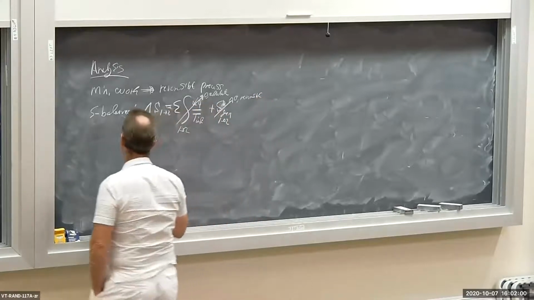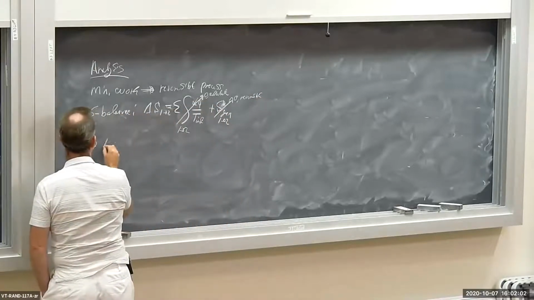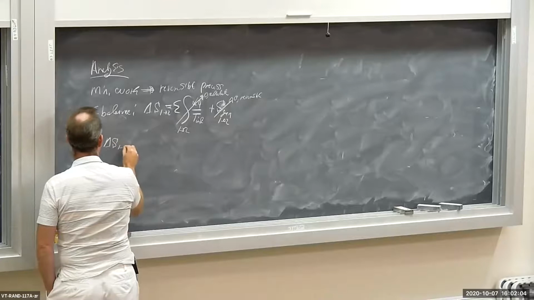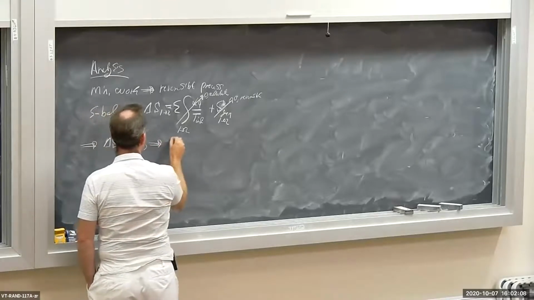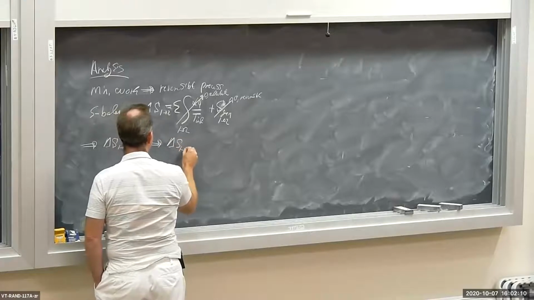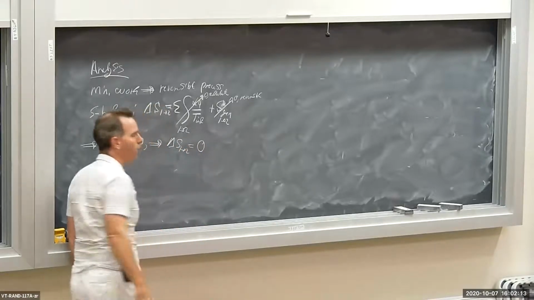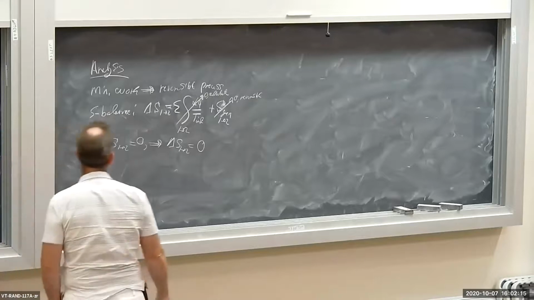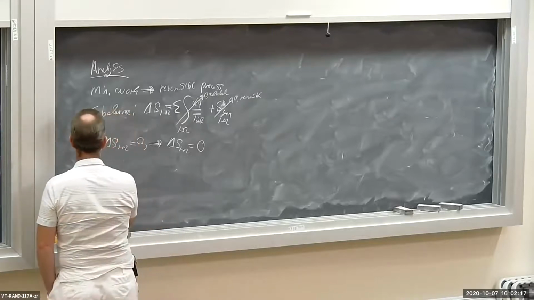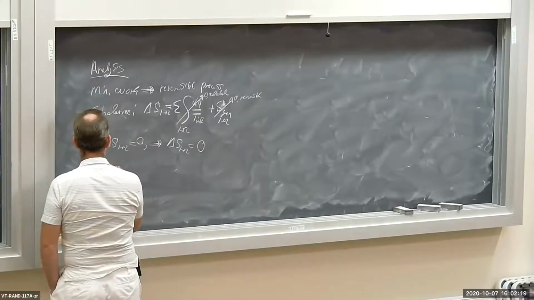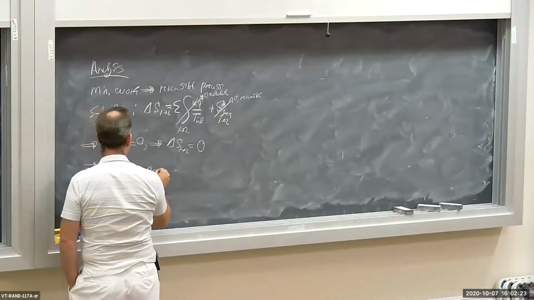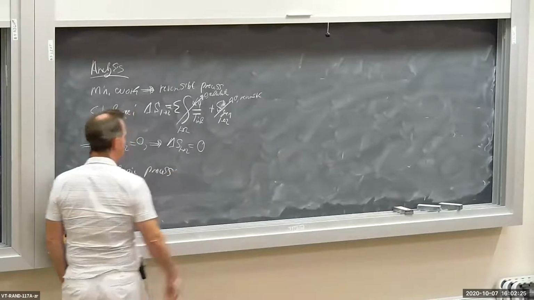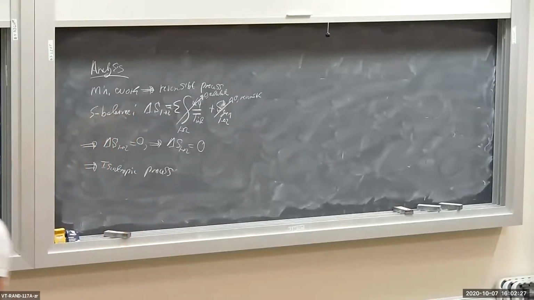So what this implies is delta S from 1 to 2 is 0, which also implies the change in specific entropy from state 1 to state 2 is 0. This is an isentropic process. Reversible, adiabatic, therefore isentropic.